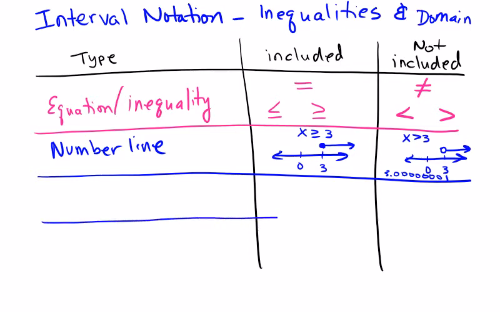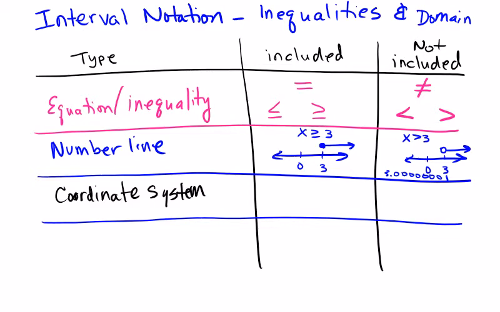Then we have graphing in a coordinate system. So what happens when we have a coordinate system? If you were to graph something with an x and y value, when you graph an inequality and you are including the answer, you're going to end up with a solid line.